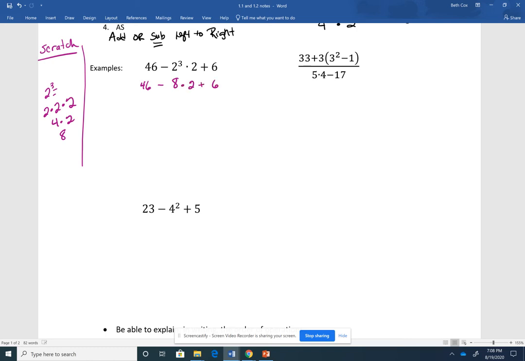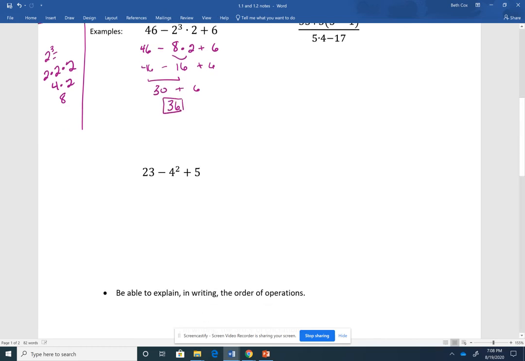No exponents are left. Then I do multiplication and division. That's my multiplication, so I do it and bring down the stuff I didn't do. And then I'm going to do addition and subtraction left to right, so I'm going to do that one first. And I get 36.